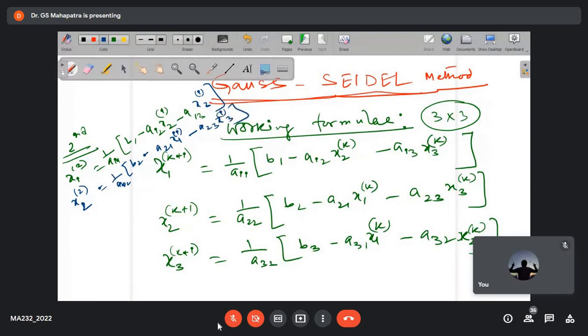These two I will write; wait for the x3. Now just see in this iteration, the second iteration, in the first iteration you already have the answers x1, x2 and x3. These are known before we start this second iteration.